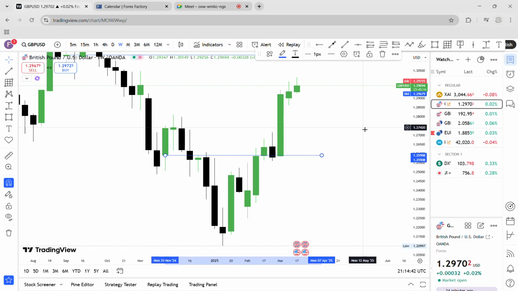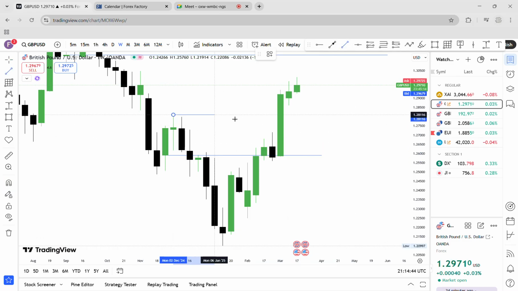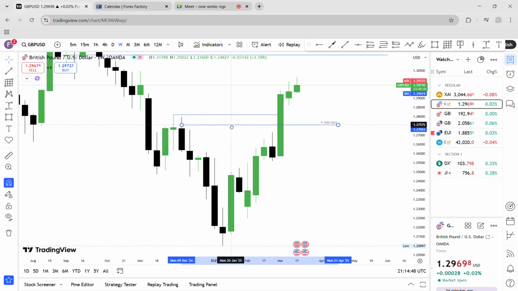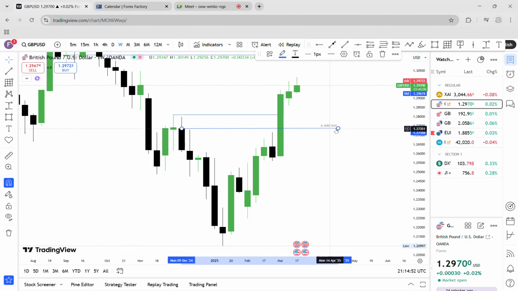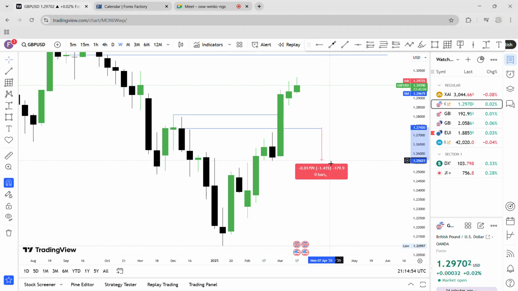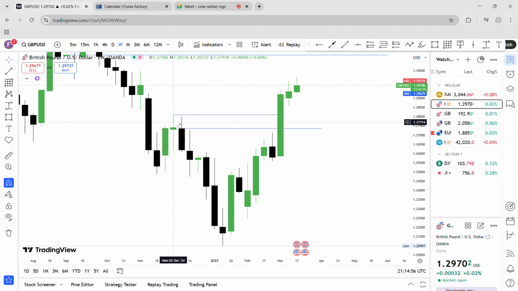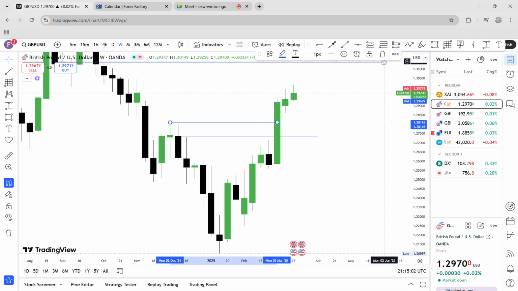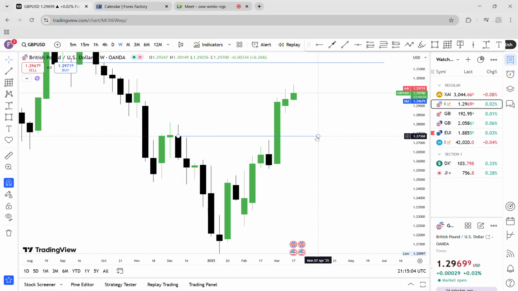These two candles right here became valid after price has broken above this area. So you can literally mark this high like this, because now we are using this whole level. Price has broken above this area, so we can use this one.